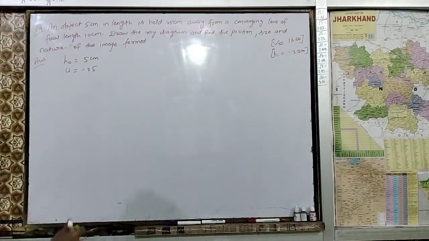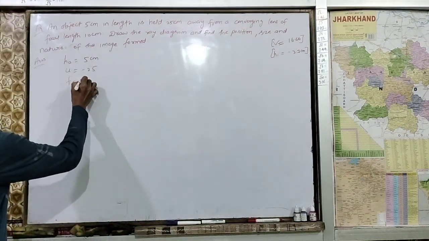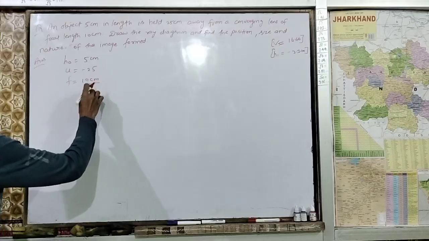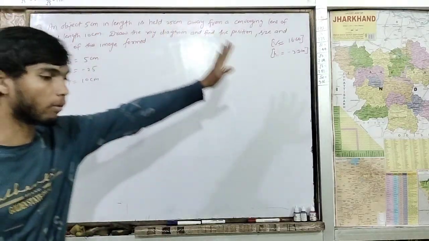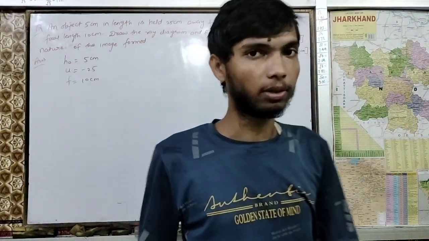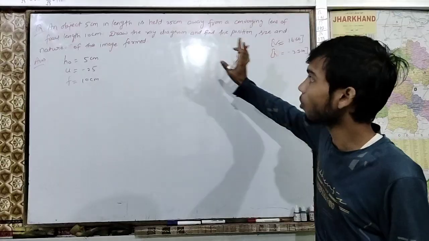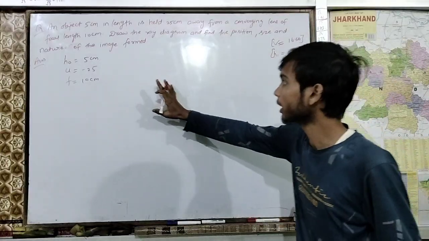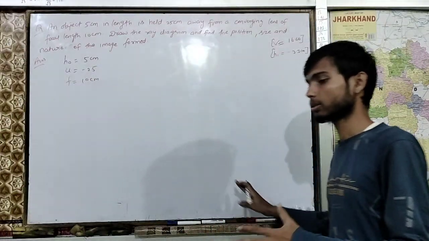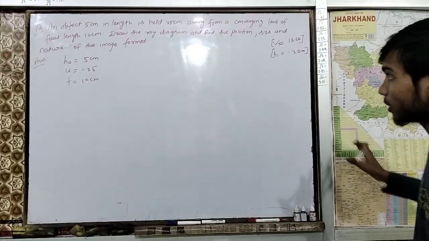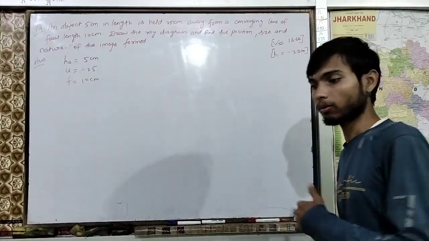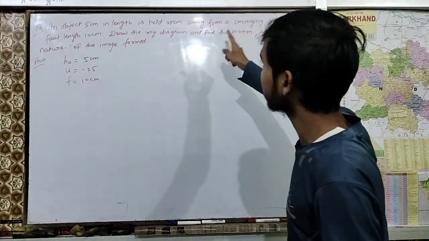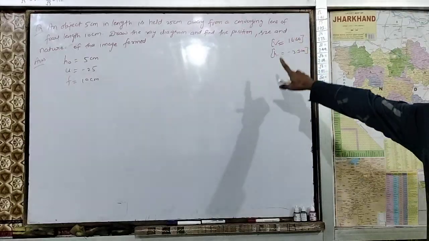Of a focal length 10 centimeters. So focal length is 10 centimeters. Remember, here we have a convex lens. If it was a concave lens, we would take f as minus 10 centimeter, but we are taking it positive, because positive gives us a convex lens.